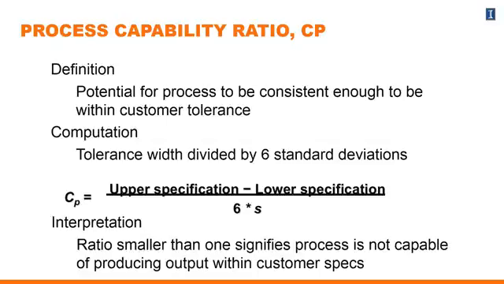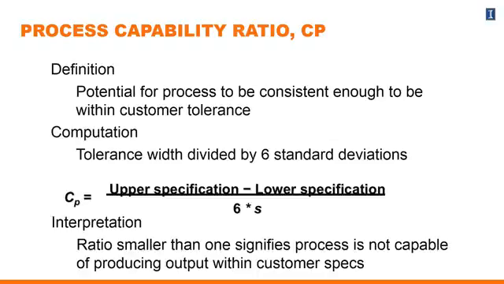And that goes into the numerator of this ratio. In the denominator is 6 times the standard deviation, where s stands for standard deviation, and that's what you get from your process. So the numerator is coming from the customer, and the denominator is coming from what you measure in your process, how your process is currently doing.